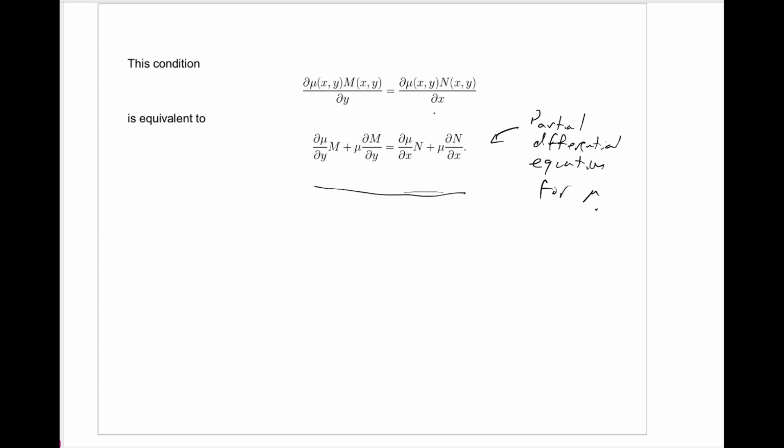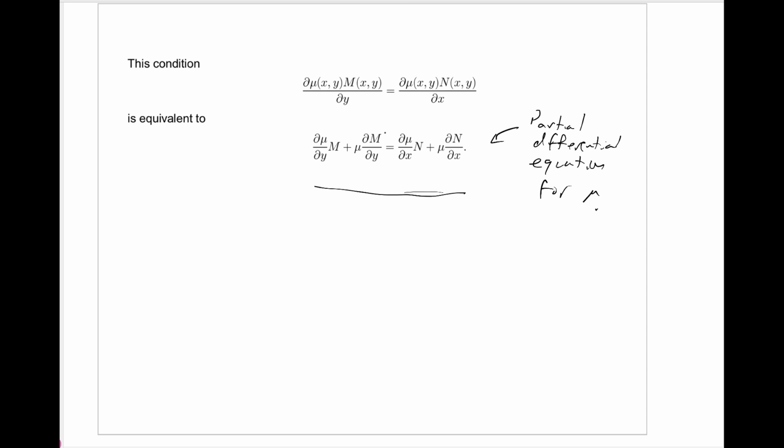And this could be a very complicated thing to solve, essentially as difficult as solving the original problem. So in general, this doesn't really help us too much, unless things work out very nicely and some sort of simplifying factor comes in.